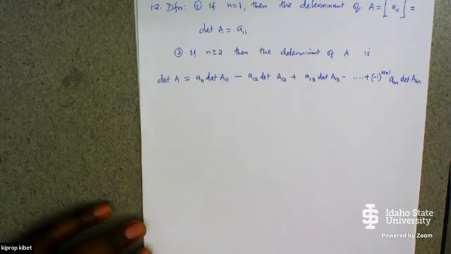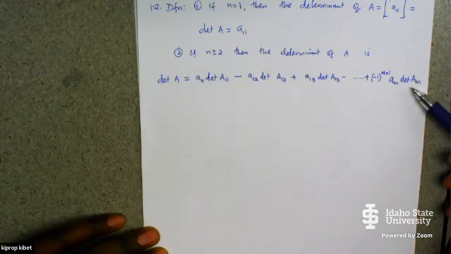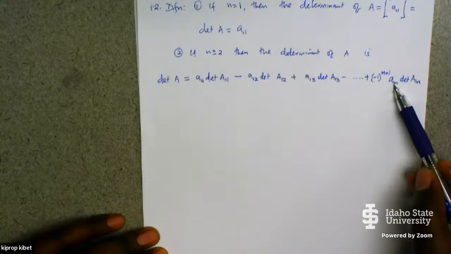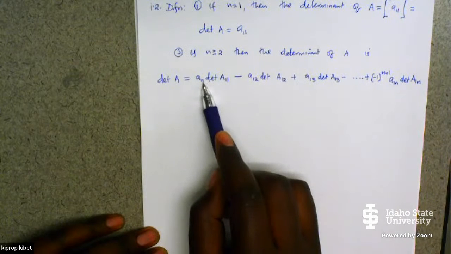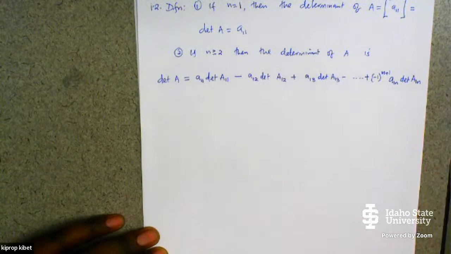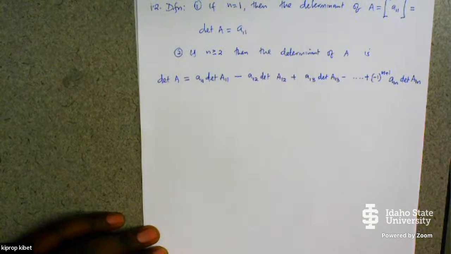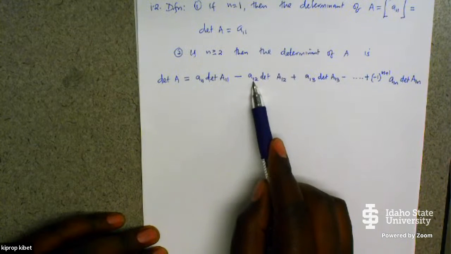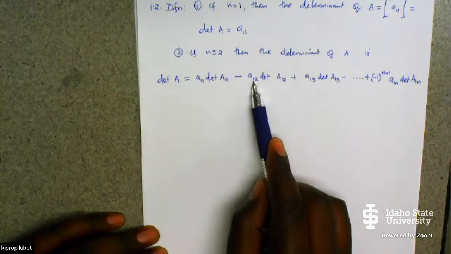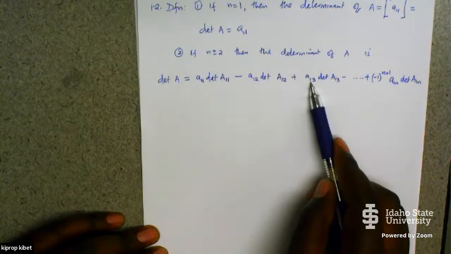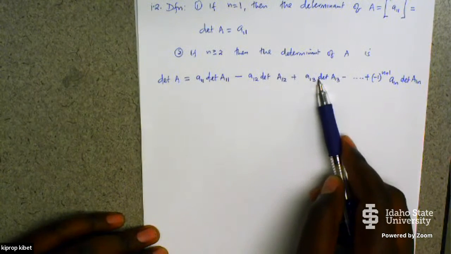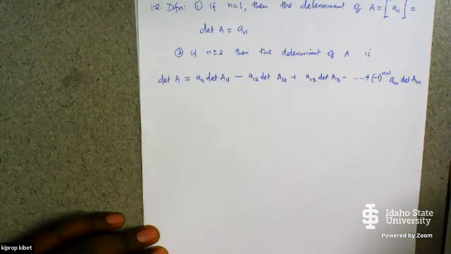Actually, you are just adding the two indices. For 1 and 1, that is 2, and negative 1 raised to 2 is 1. The next one is 1 and 2, which is 3, and negative 1 raised to 3 is negative. The next one is 1 and 3, which is 4, so it gives you positive.